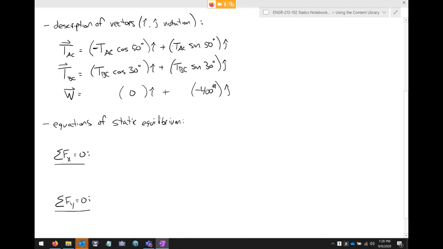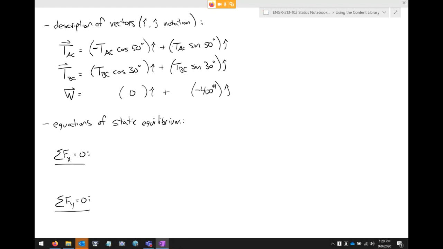Now, like I said earlier, this IJ notation is really going to make this part really easy. And here's why. Let's look at these three vectors: the tension in rope AC, the tension in rope BC, and the weight. Each has a pile of junk times I plus a pile of junk times J. The pile of junk times I is the magnitude of the force in the x direction, and the pile of junk times J is the magnitude of the force in the y direction.